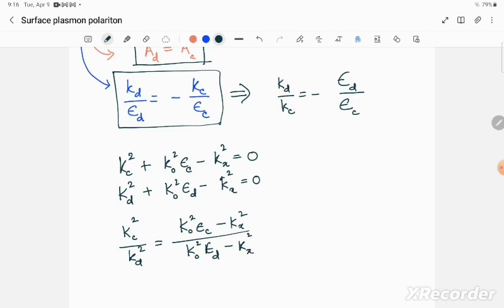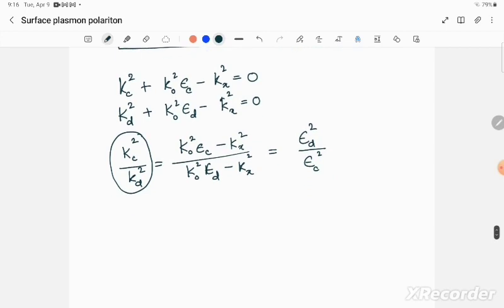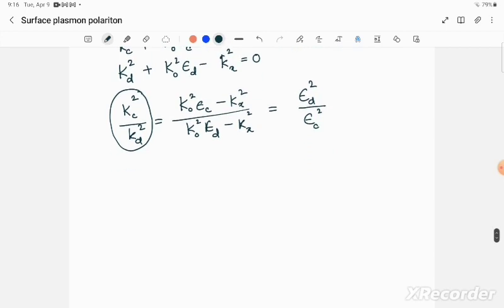But we know that this left hand side is nothing but epsilon D square by epsilon C square from this relation. So once we have this, you have to do a little arithmetic and you will land up at the equation that we need. We have eliminated Kc and Kd, so we have a relation for Kx.